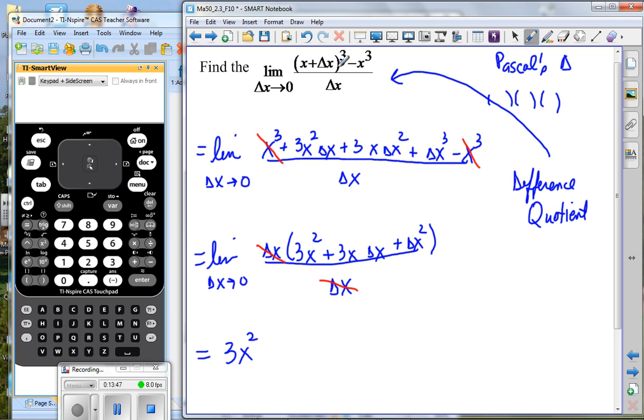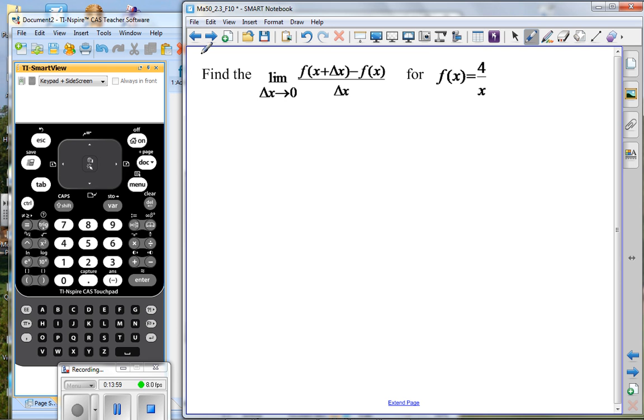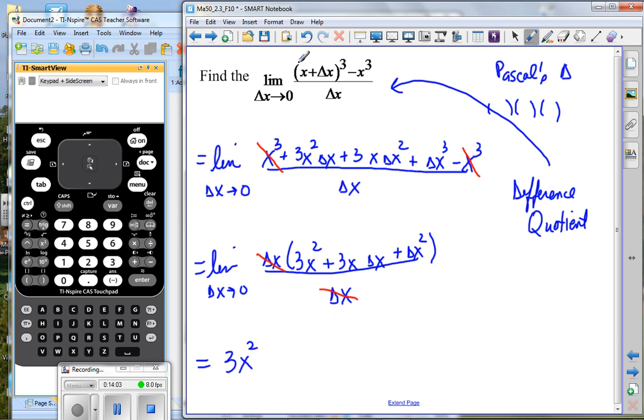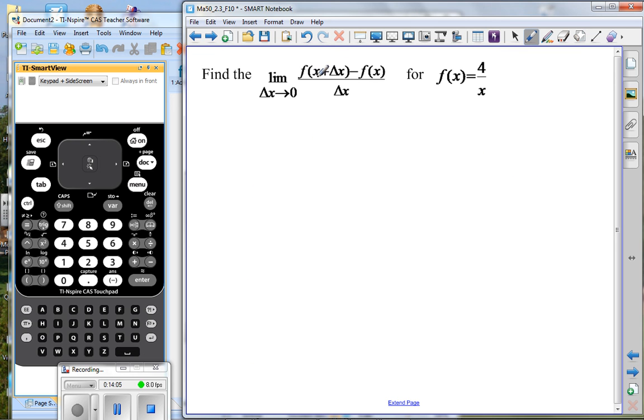We're not going to give it away just yet, but this is very much connected to the work we do in chapter 3. Okay. We're going to look at another problem very similar to this, except that in this problem we had x plus delta x. Here we have f of x plus delta x, a little more abstract, still a difference quotient, and we will do that in the next segment.